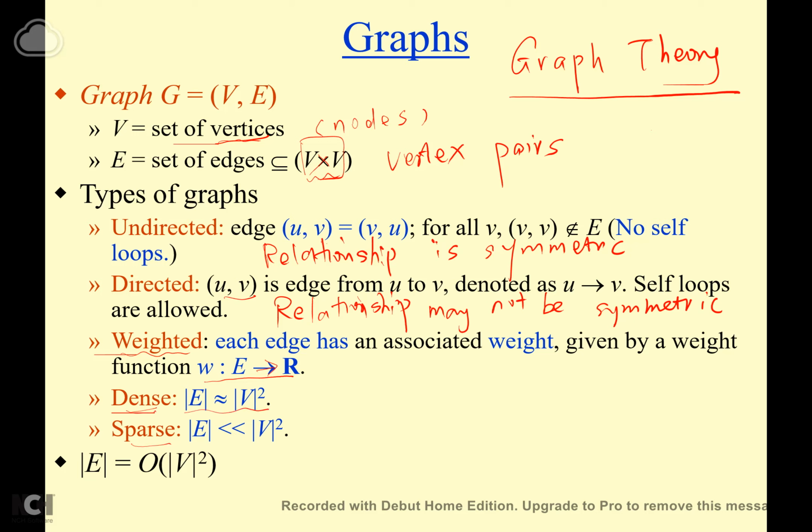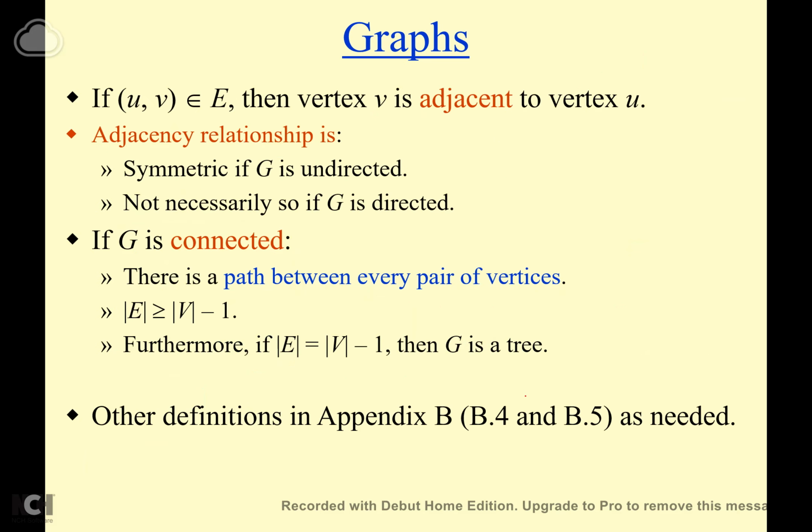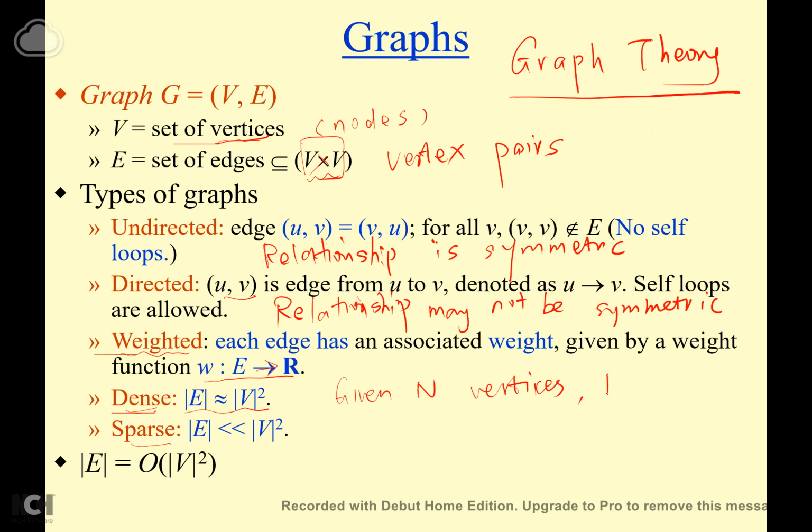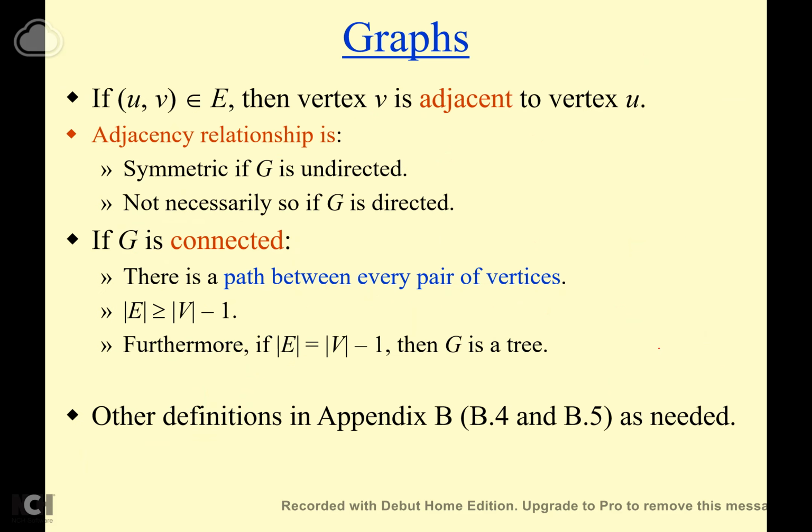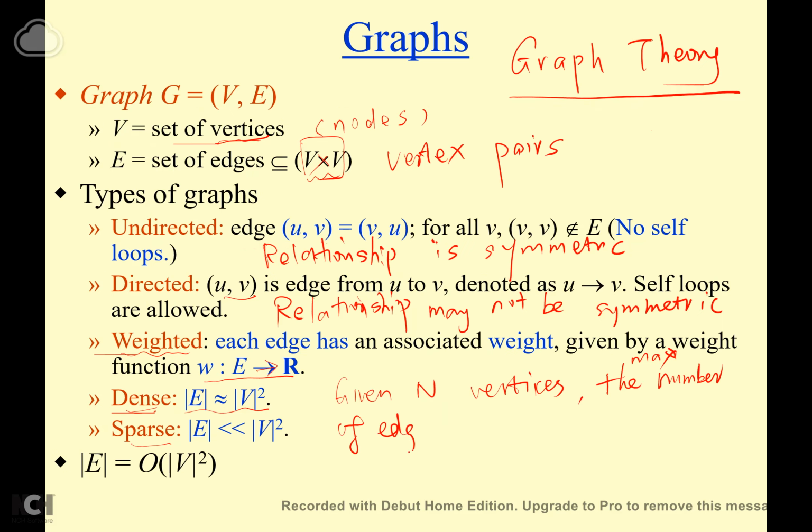If you are given n vertices, then the maximum number of edges is n choose 2, which is n times (n minus 1) over 2.